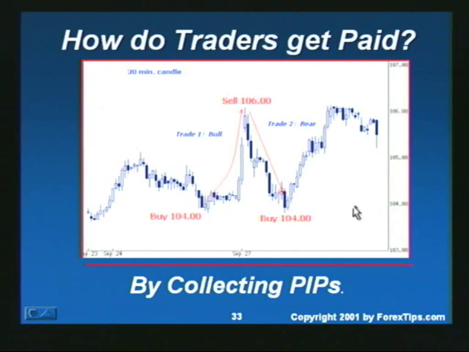Now if I took $1,000 and bought a currency with it at the exchange rate of 104, and it rallied to 106, and I made 2 points, I really made 200 pips. At $10 a pip, that is a $2,000 return. $10 times 200 equals $2,000.